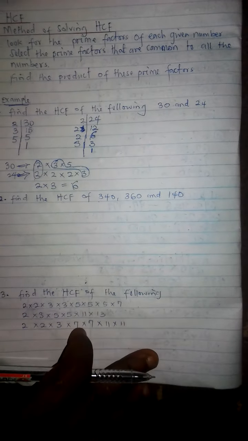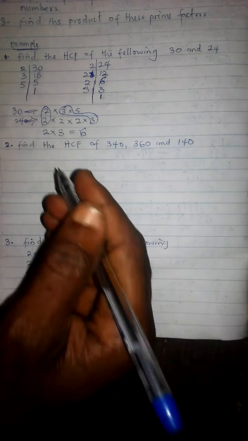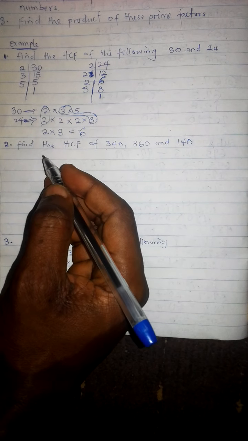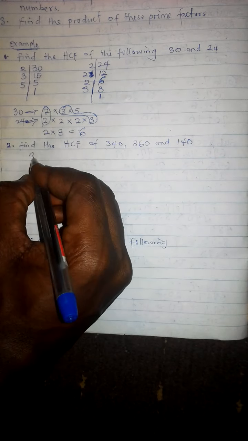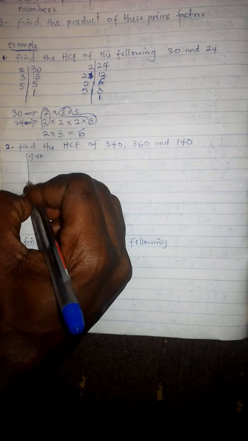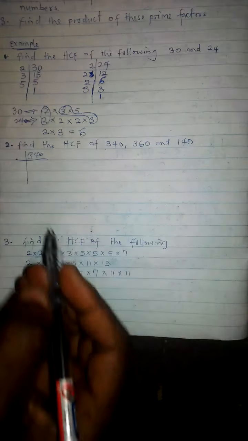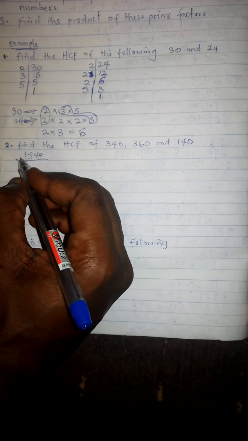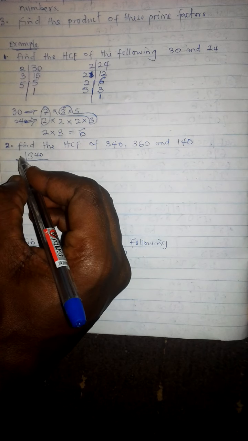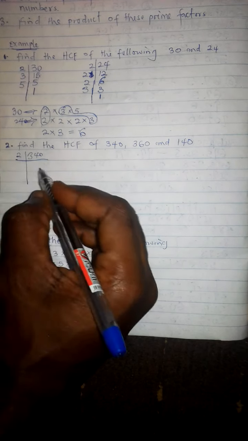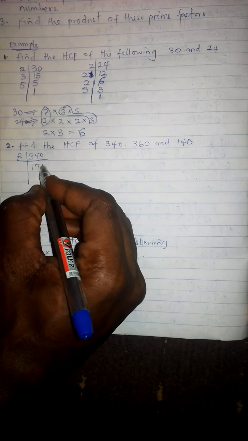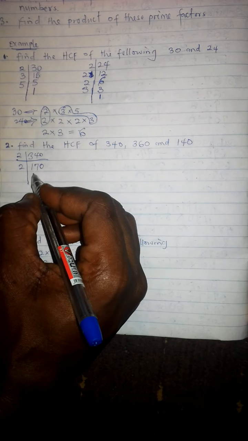Let's go to this big one. For this big one, same method. 340, you start from the lowest prime number, prime factor. So you have 2 in this, you have 170. 2 can still go.